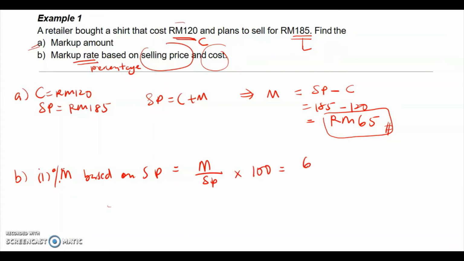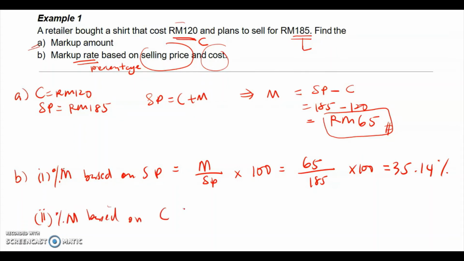So markup amount is 65 divided by selling price 185 multiplied with 100. So the percentage of markup based on selling price is 35.14%.